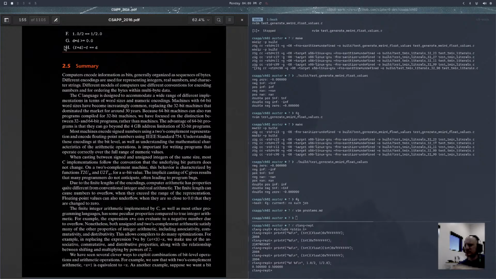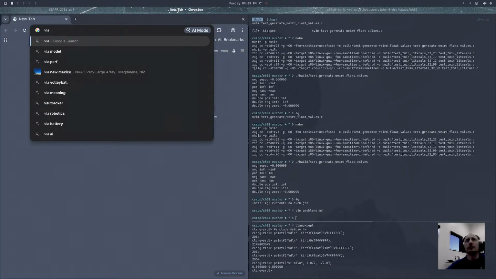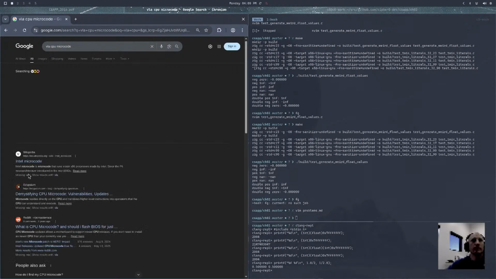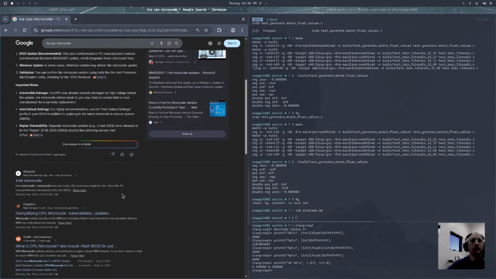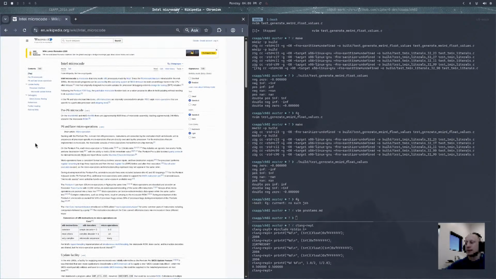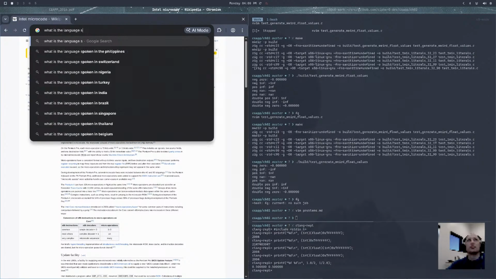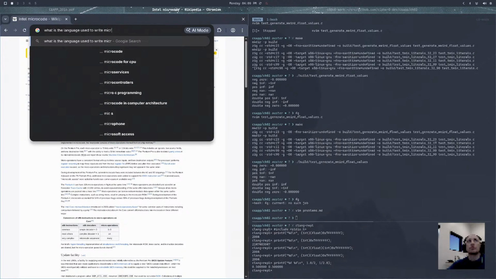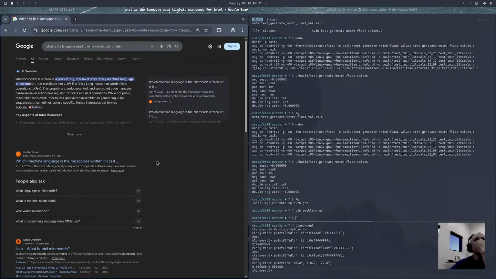Microcode, I don't know what languages. There's VLA, I think. I honestly don't know. What is the language used to write microcode for Intel? VLIW.